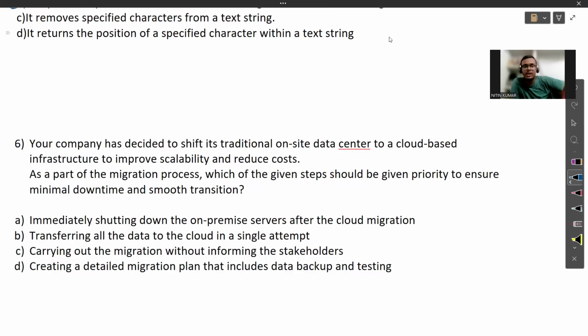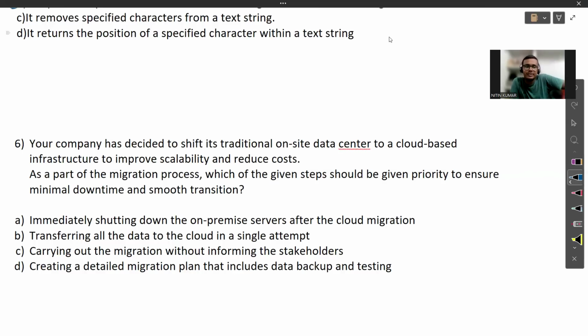Like this question, you can see that your company has decided to shift its traditional on-site data center to cloud-based infrastructure to improve scalability and reduce cost. So there is a story being written. If you have learned the cloud computing topics from me or from anywhere, you would know the benefit of cloud computing. That's why they shifted from their on-site, that means their traditional data system, to the cloud-based infrastructure.